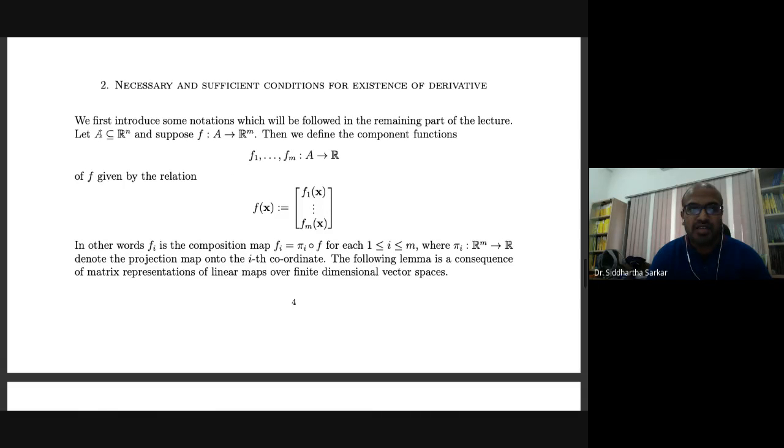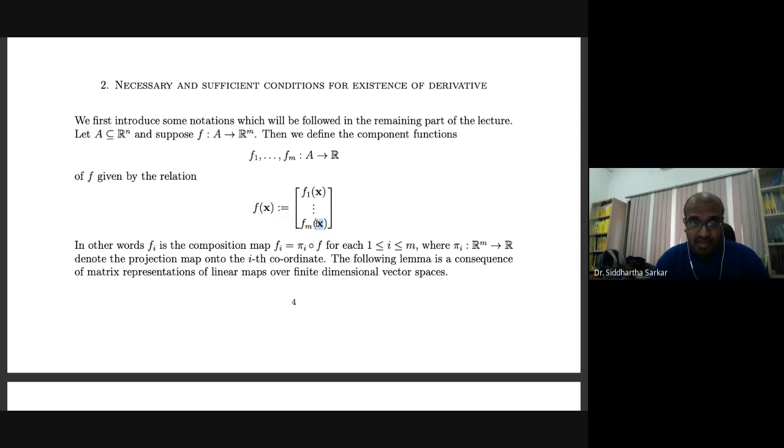You take any subset A of Rn and a function f from A to Rm. The coordinate functions are basically the following. The value of f at any vector is a column vector of length m, so this can be written as a column vector with m entries.